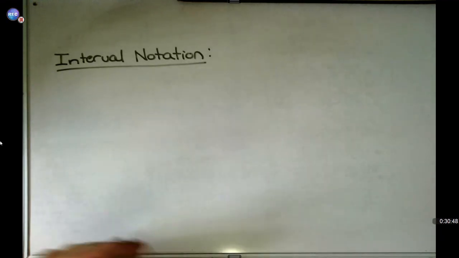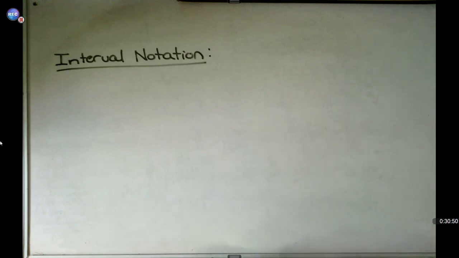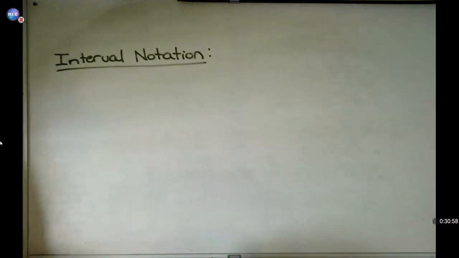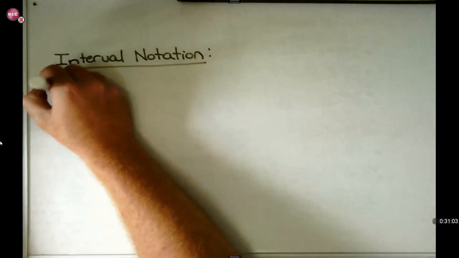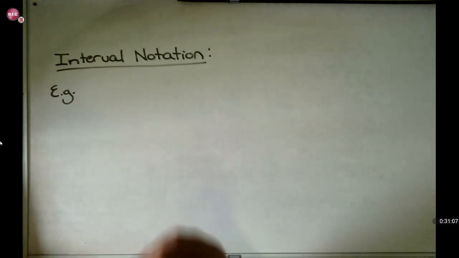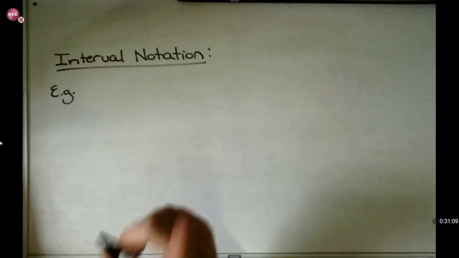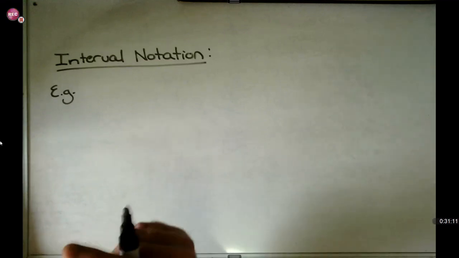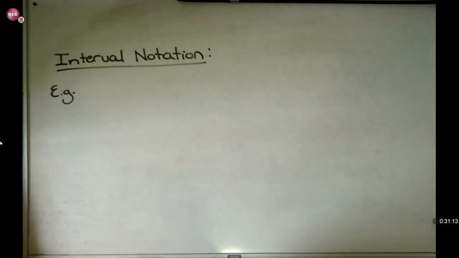So vice versa. First of all, the first type of question that they will ask you is the following. They will say represent the following interval notation on a number line. And then they will give you the interval notation. Now the interval notation is not represented the same way as the set builder notation, I'm telling you. Please don't make that mistake.